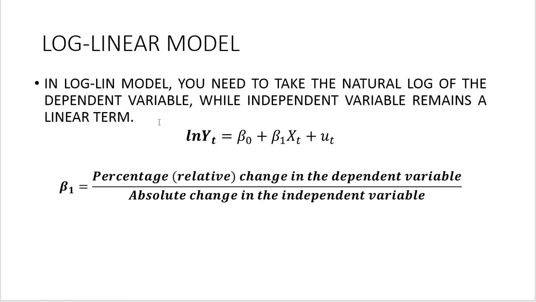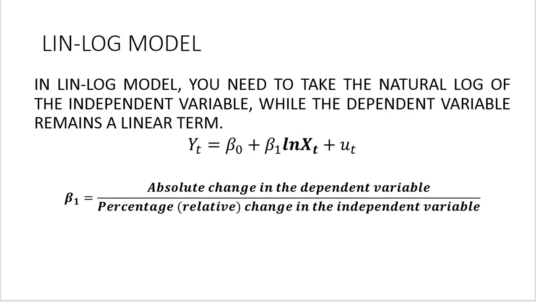So if we still assume that y stands for the volume of international trade and x stands for distance, beta 1 will show you by how many percent the volume of international trade will change if distance increases by 1 kilometer. Because this is what absolute change is all about. That's why we consider the original units in which those variables are expressed.